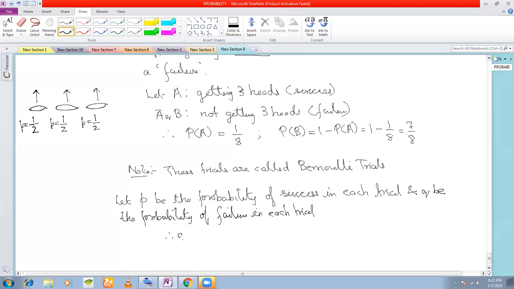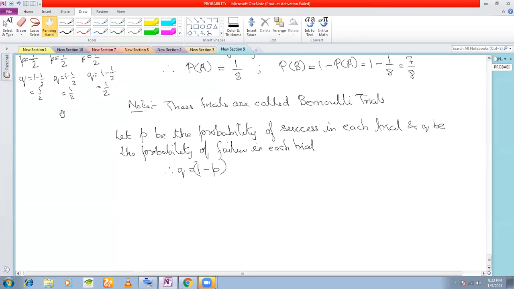Therefore, Q must be equal to 1 minus P, right? In fact, when I'm tossing three coins, if the probability of success in each trial is half, what is the probability of failure? 1 minus half, right?